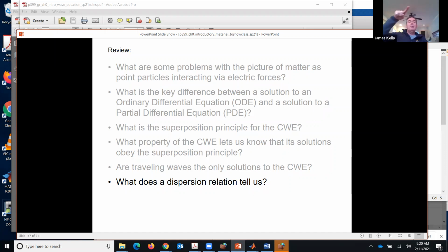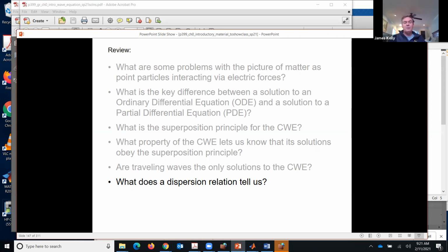But if you were able to shape that string into some initial shape that wasn't particularly special, just take some random initial shape and then let it go, you would find that guitar string just vibrates in some weird kind of random way. It obeys the classical wave equation, but it's certainly not going to look like a traveling wave with a well-defined wavelength. There's no wave you're going to see in it. So traveling wave solutions are very special solutions, but they're going to be important to us.